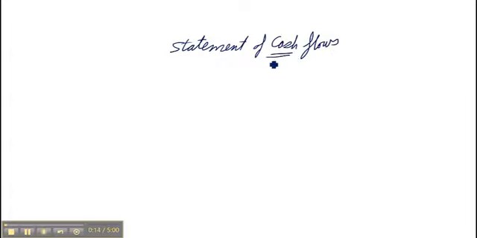So we are speaking about the statement of cash flows. And if you look at its title, you'll find that cash is there. That's a very crucial thing, that we are not going to record almost anything in this statement, except if it takes a cash or cash equivalent form.